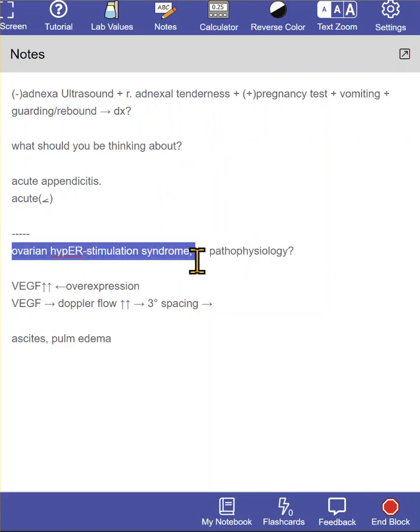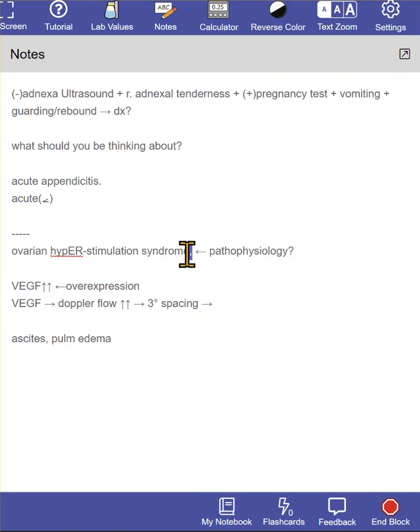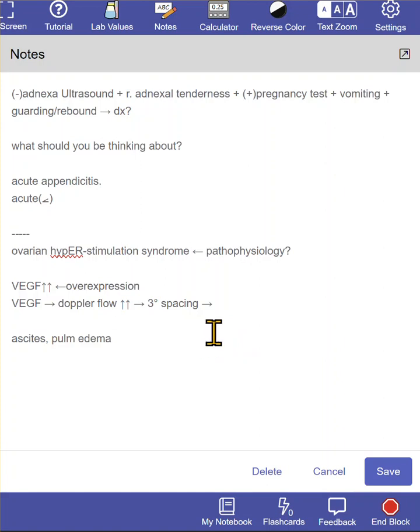And then ovarian hyperstimulation syndrome. This is just one of the incorrect answers on this question, but I think it is worth noting. What's the pathophysiology of hyperstimulation syndrome? VEGF is very high, so you get overexpression of VEGF. VEGF increases vasculature, so Doppler flow increases, and then you get increased third spacing as a result because your microvasculature is increased.